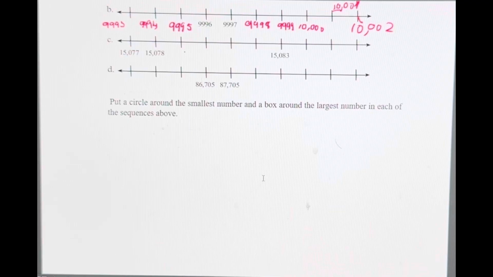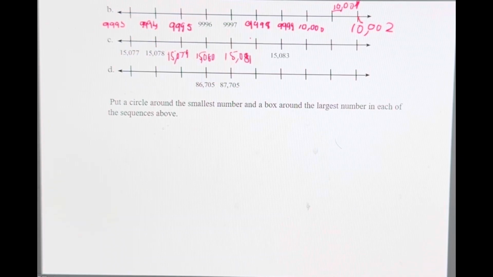Question number C. Here, let us see the pattern. 15,077. This is 15,078. So next number will be 15,079. This is 15,080. Right? This is 15,081.